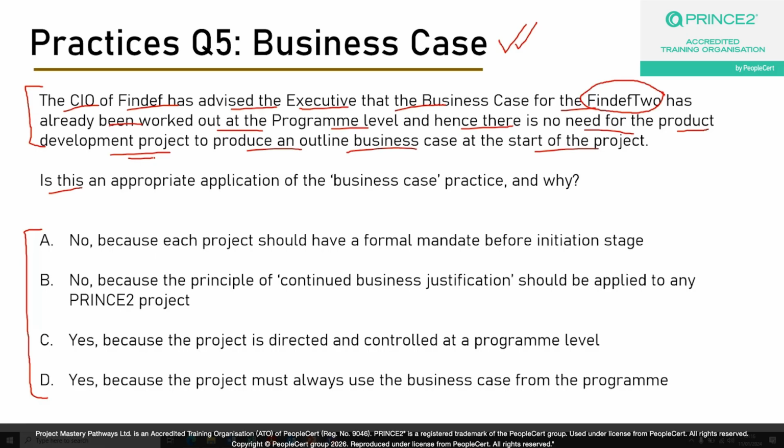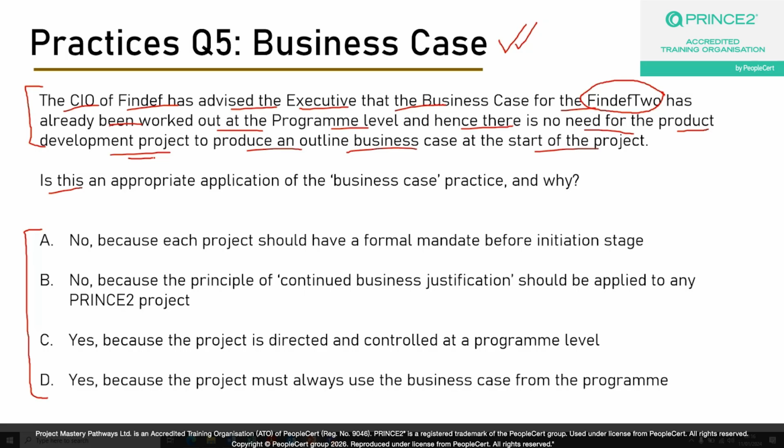So to answer this question properly, you need to understand how this flow is coming from the overall company of FindF into a program which is FindF2 into the project which is a product development project. Okay, so here what is happening is, as a part of this scenario, the CIO of FindF is saying that look, the FindF2, which is a program, already has a business case that has justified the rollout of this program.